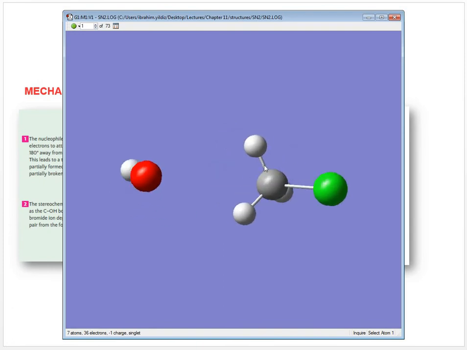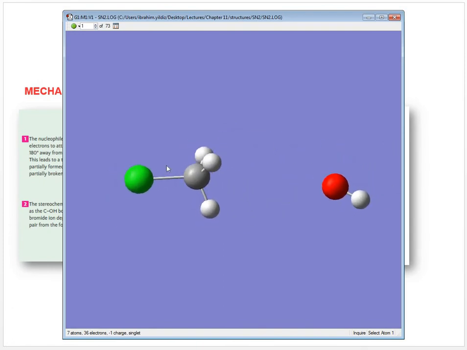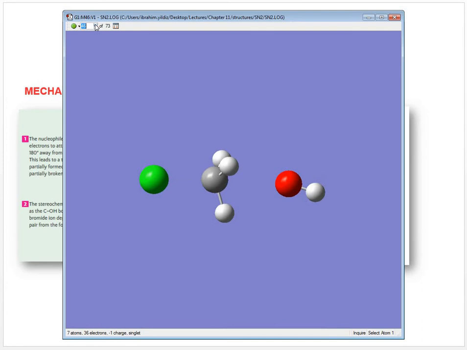Okay, here we have the same reaction basically. We have chloromethane and hydroxide. This is the nucleophile, this is the substrate. What happens if they react with each other? As time passes, hydroxide is going to approach the substrate, and I would like to show something here.